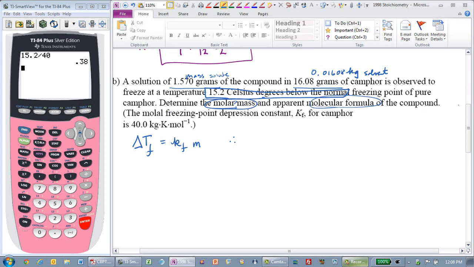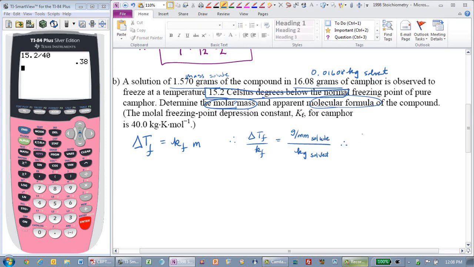So we start out here, and I want to actually rearrange this to try to solve for molality. So change the temperature of the freezing point over Kf is how I'm going to get started. And that's equal to molality, which is grams per molar mass of the solute, over the kilograms of the solvent. I did not say that right. That was solute. Almost made a big goof.